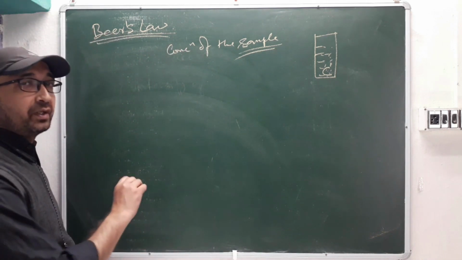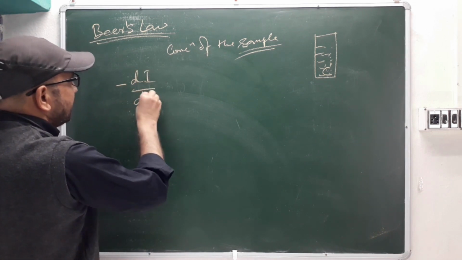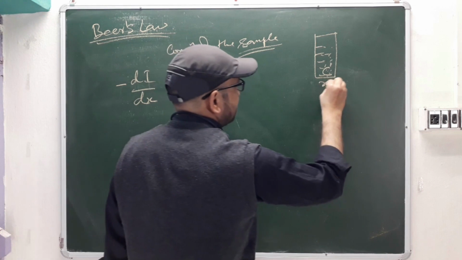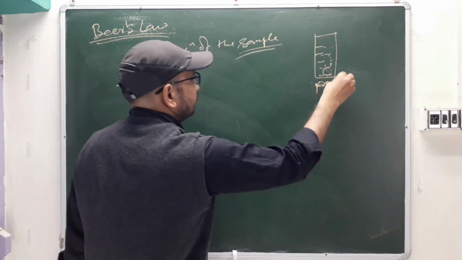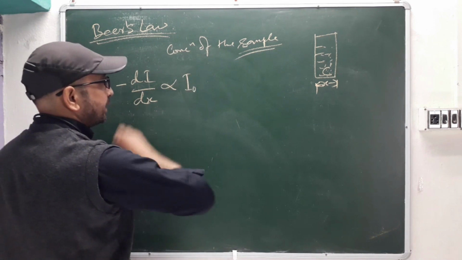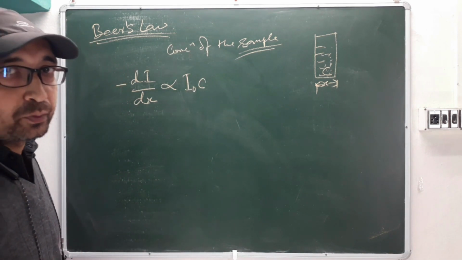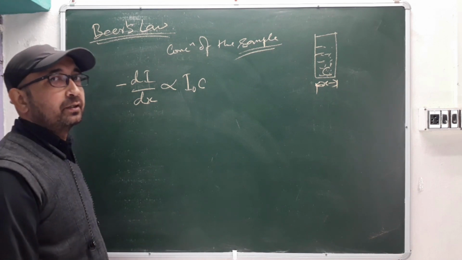So in a mathematical way, how are we going to write it? Minus dI by dx, because this path length is x, is directly proportional to incident radiation and concentration.